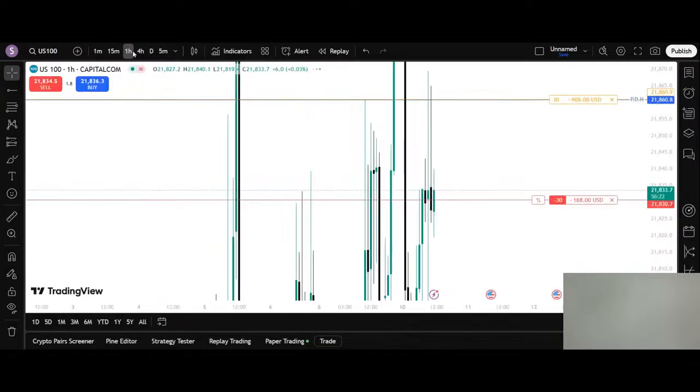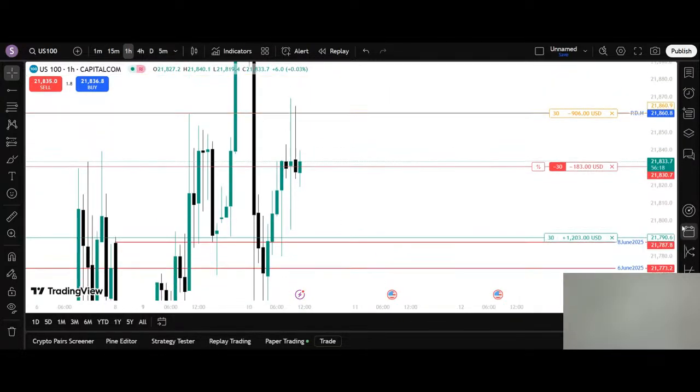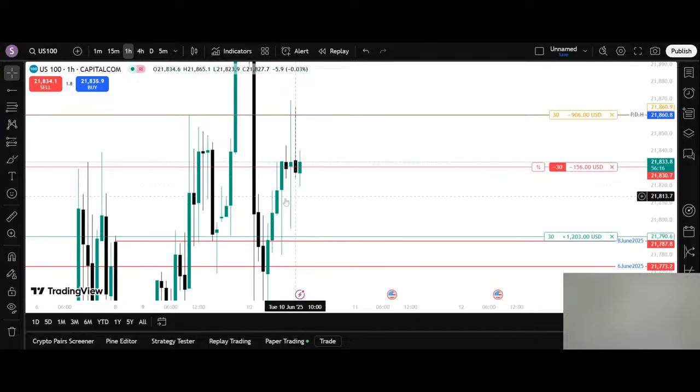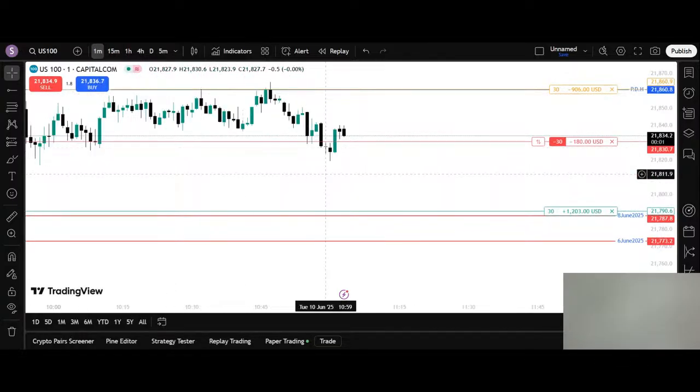Let's check the higher time frames. This is the 1 hour time frame. Price seems to be going good. The 15 minutes also good. So let's just wait for it. Wait and see.